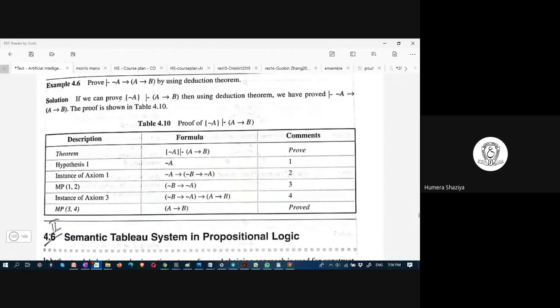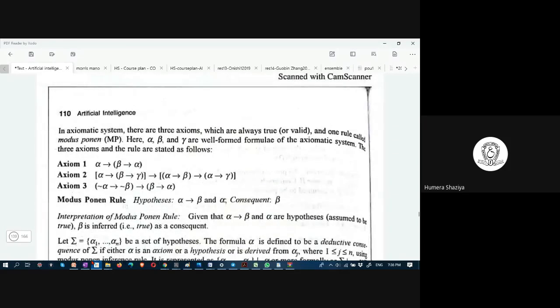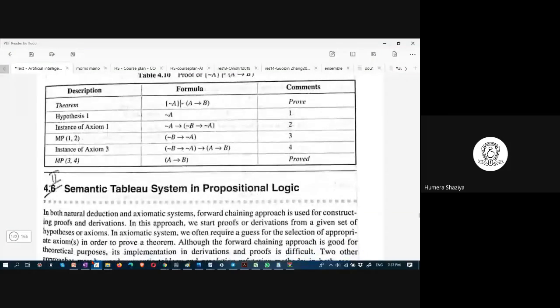And the proof is mentioned in the table. Description: hypothesis 1, the theorem is this. This has to be proved. And what is hypothesis 1? You are taking not A, only the not A part. And instance of axiom 1. Instance of axiom 1 is not A implies not B implies not A. Axiom 1, you know, here: alpha implies beta implies alpha. That is axiom 1.